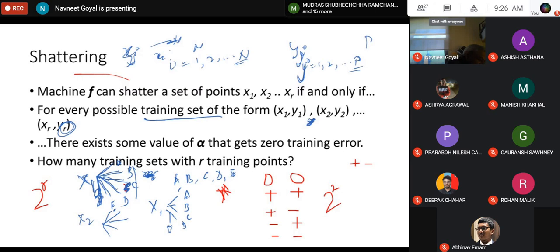Say for example, I have 2 points, one is this, one is this, and there are 2 labels. How many ways can I label these points?